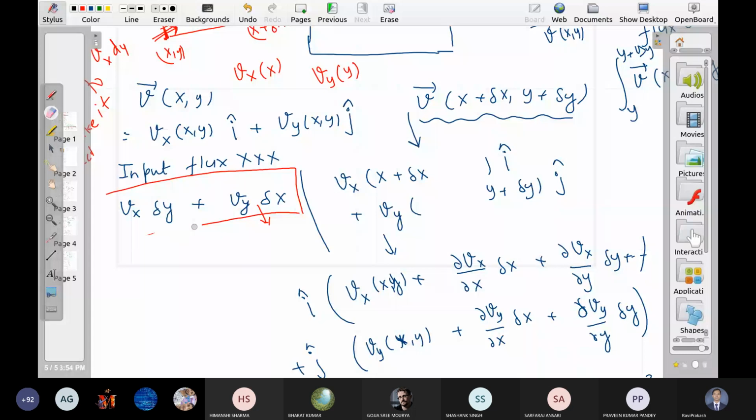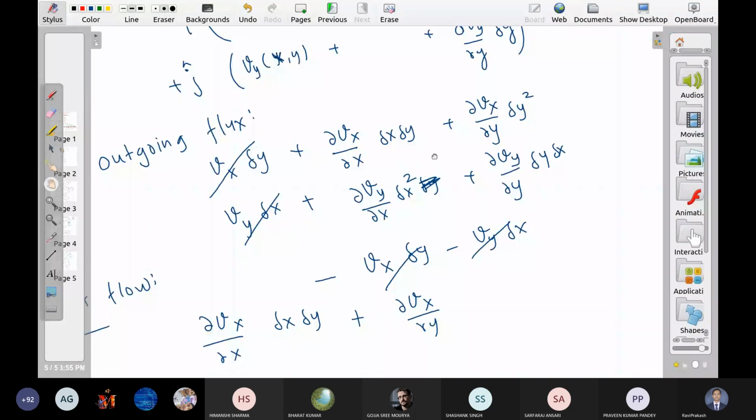So if this is an input flux, we are actually assuming that x component is function of x only, y component is function of y only. This means this term will not be there, and this term will also not be there. Okay. So what is the net outgoing flux?